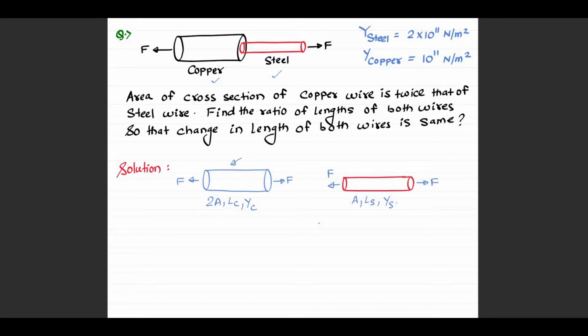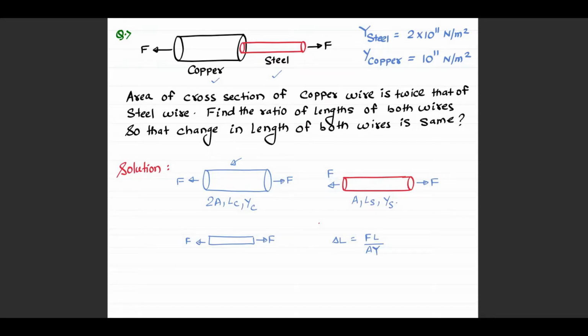Under such circumstances, we have already calculated that if you have a system like this, then you can write your net elongation as this. We have discussed during the course, right?